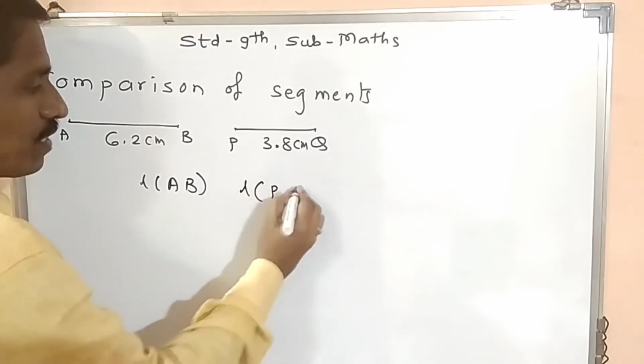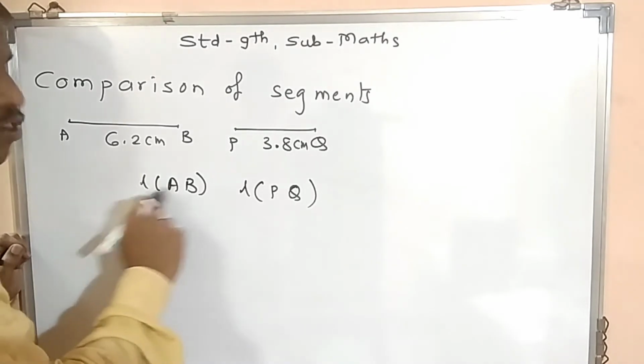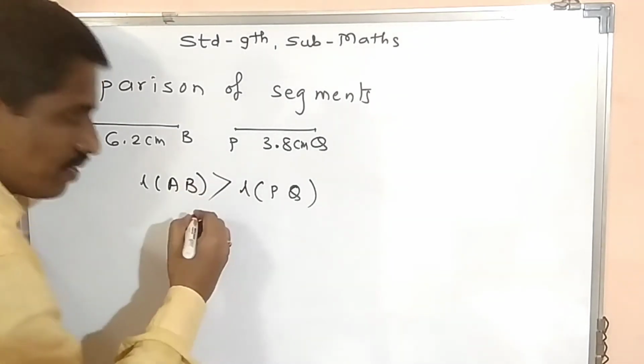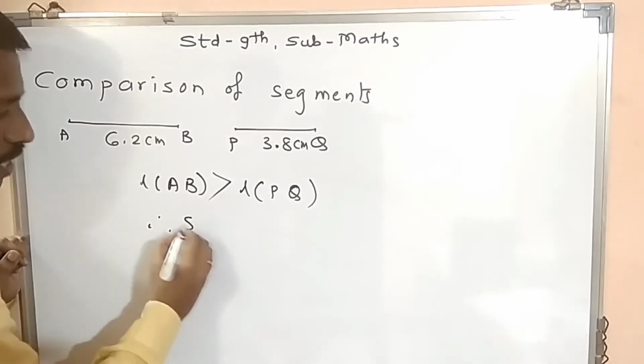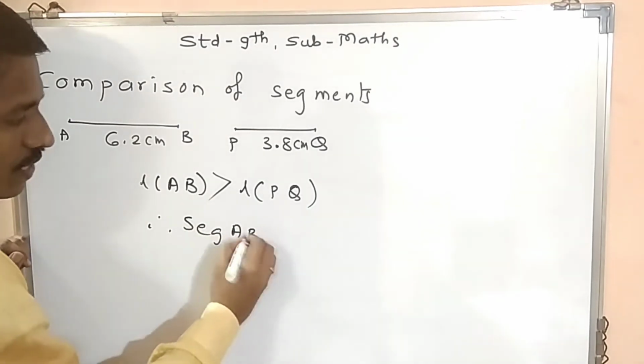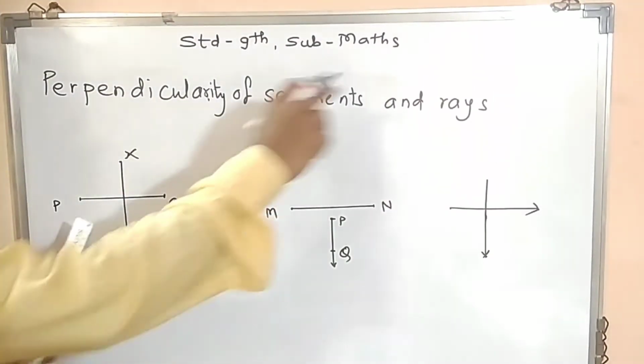Therefore, length AB, what do we mean by length AB? Length AB means length of segment AB is greater than length of segment PQ, and therefore segment AB is greater than segment PQ.